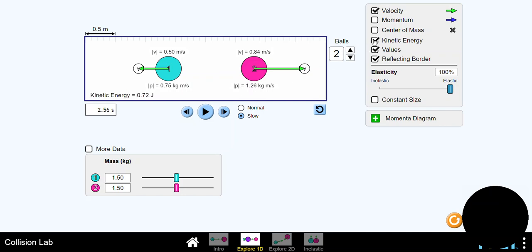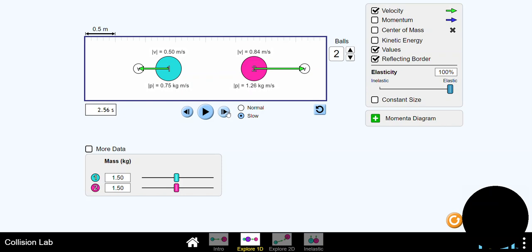The simulation also shows the kinetic energy of the system. But we can calculate the kinetic energy with the velocity we have here and the mass of the bodies. As you know the mass and the velocity, you can easily find the kinetic energy of each body. So it's very easy to collect the data here.